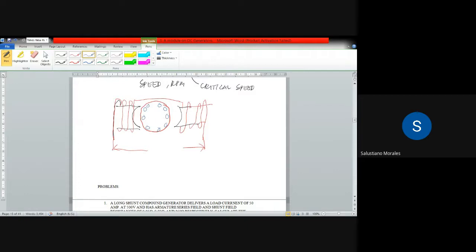Then meron tayong output letter DC volts. Assuming that the residual magnetism will be north here and south here. So okay, let's try to draw also the schematic diagram of this.